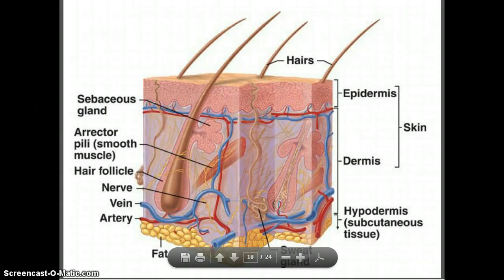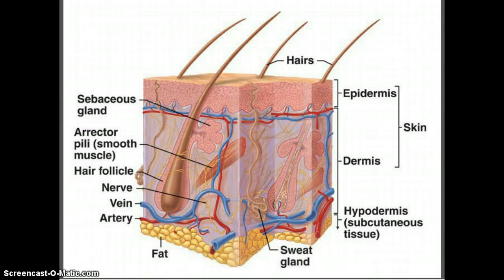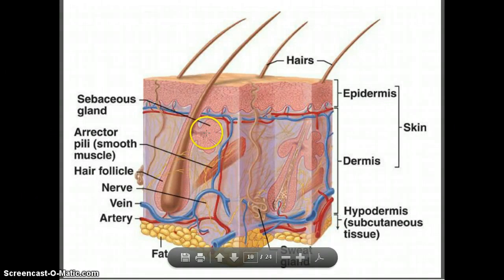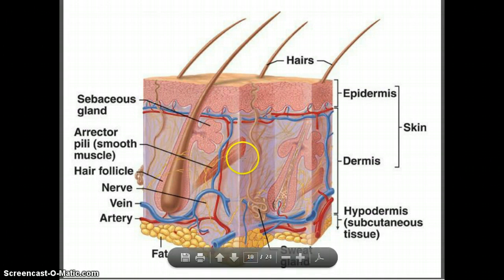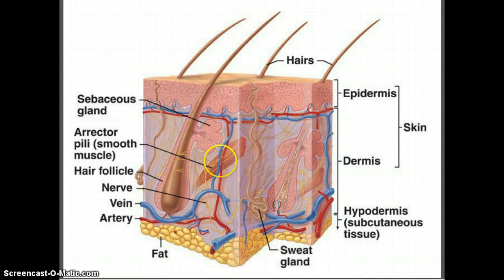All right, some of the, let's say, accessory structures which make up the integumentary system. Remember, a system consists of more than one organ. So the integument, of course, is the major organ of the integumentary system, but the accessory structures include sebaceous or oil-secreting glands, hair and hair follicles, a muscle called the erector pili muscle, which is a smooth muscle which actually allows the hair follicles to stand on end.